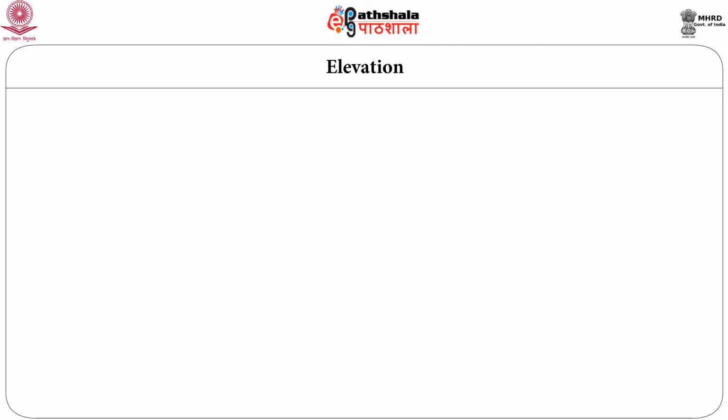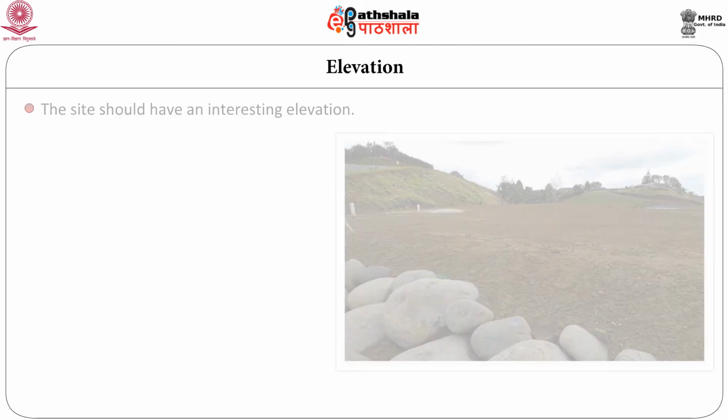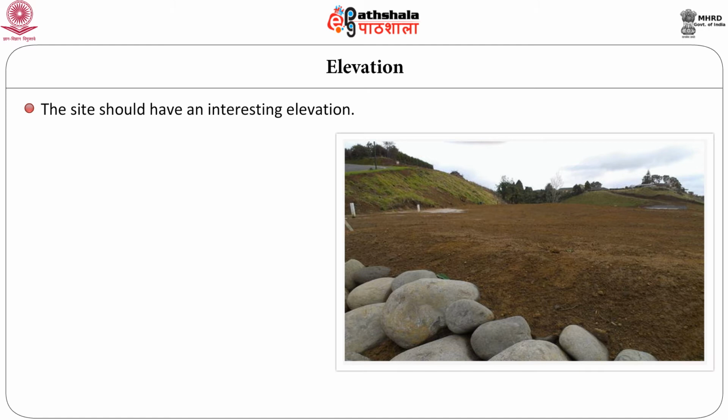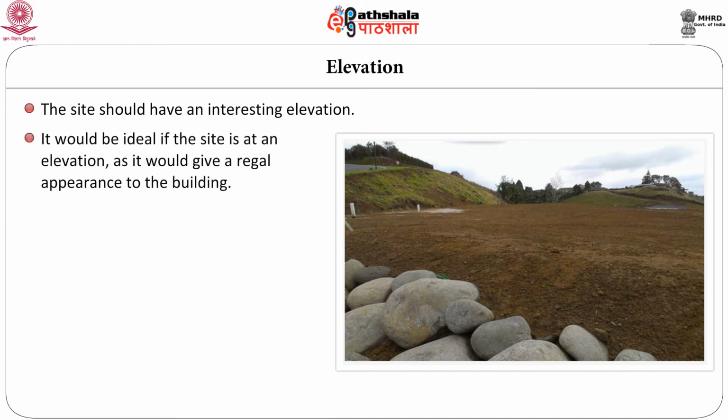The second point is elevation. The site should have an interesting elevation. It would be ideal if the site is at an elevation or at a height, as this would give a natural regal appearance to the building.